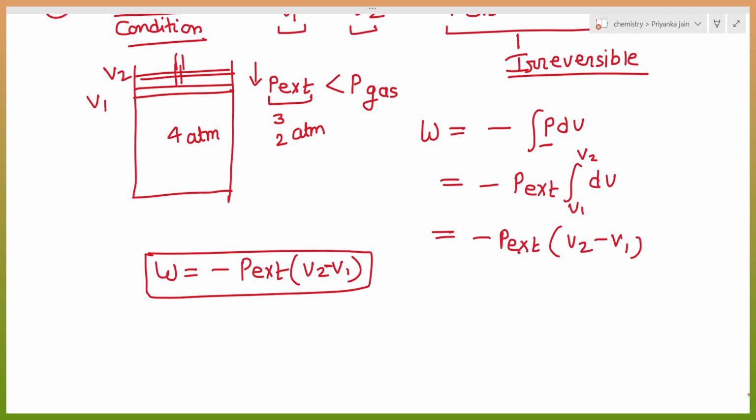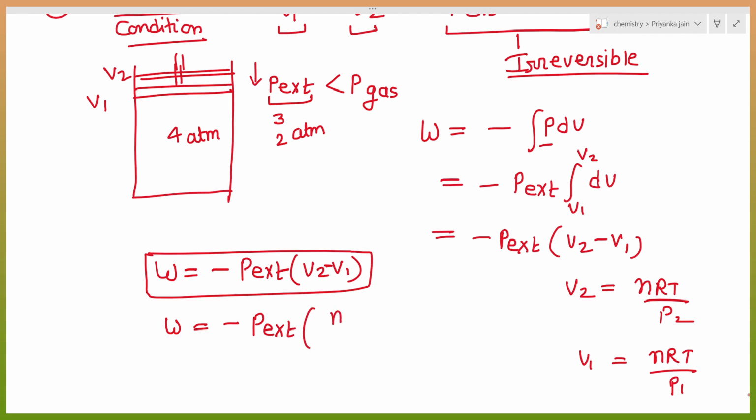Now, suppose you have not been given V1 or V2. Then what will you do? You will replace it. V2 will be equal to nRT upon P2. Similarly, V1 will be equal to nRT upon P1. So we can replace it by this. Don't get confused. Just use the ideal gas equation and you can find the answer.